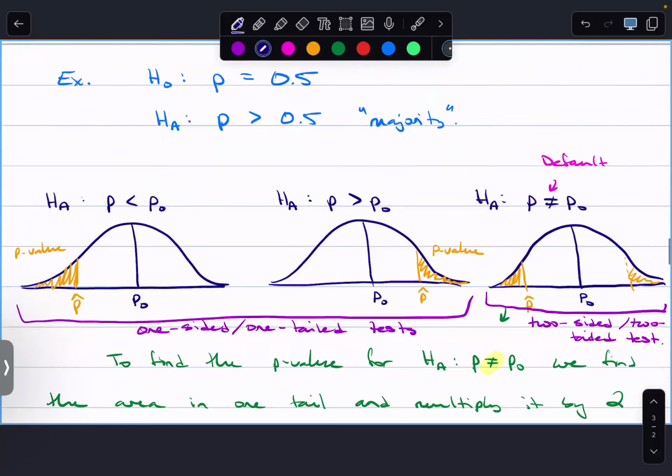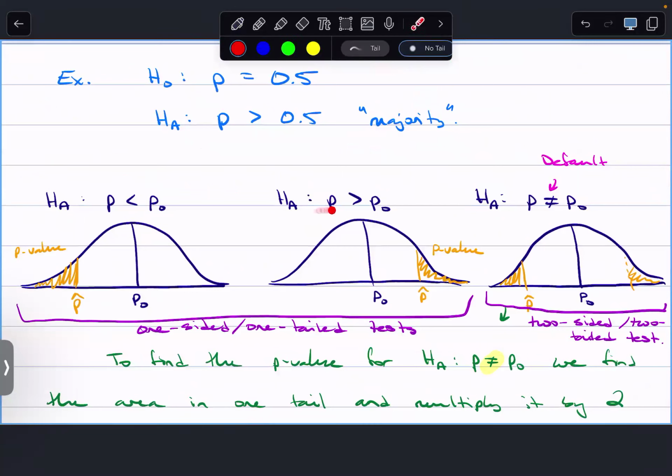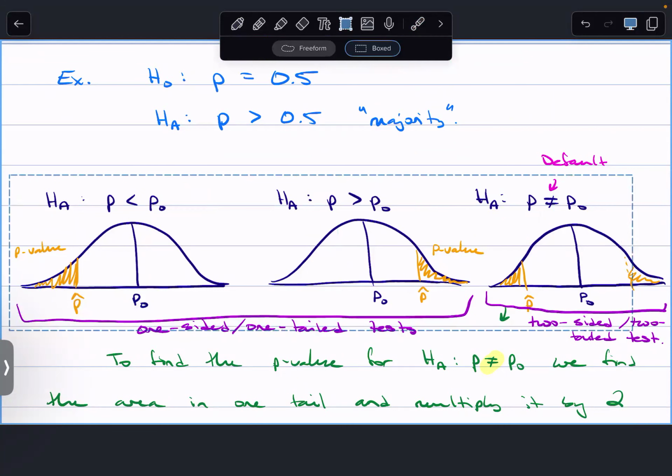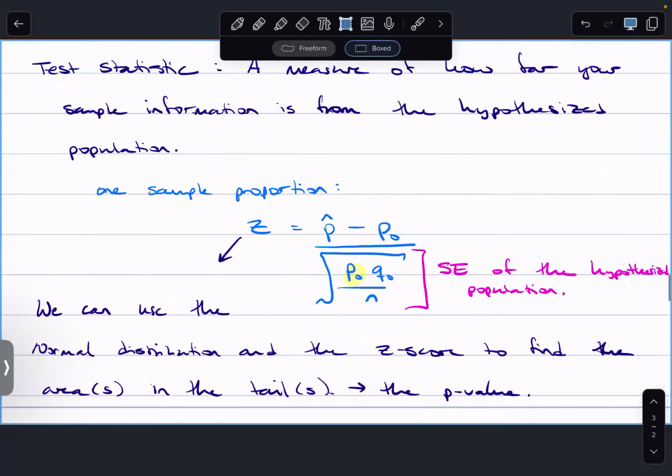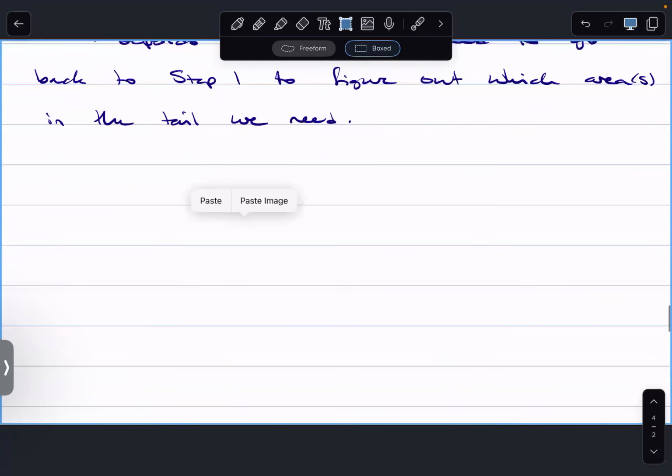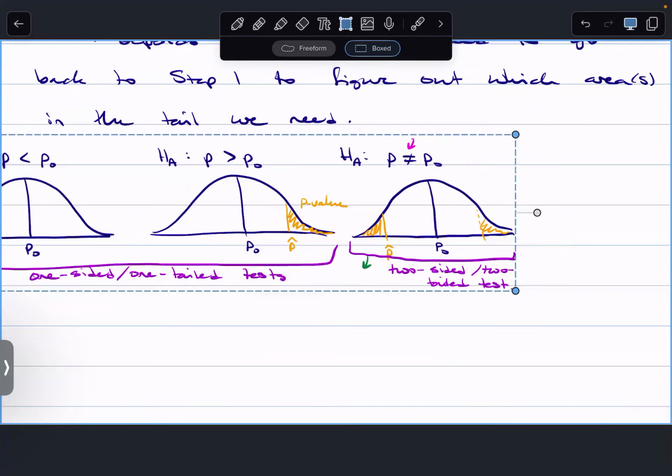Okay. So here, depending on what our alternative hypothesis is, that's going to determine which area in the tail we want. And I'm going to copy this. Paste.